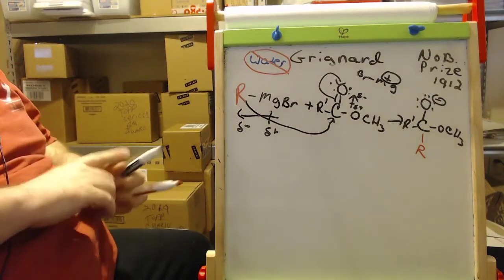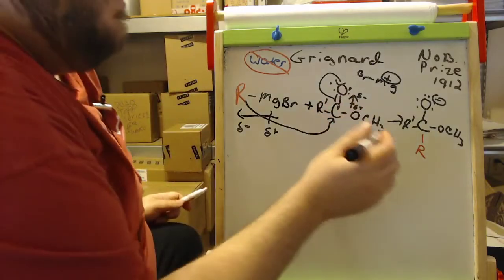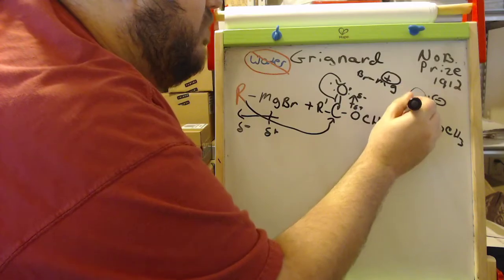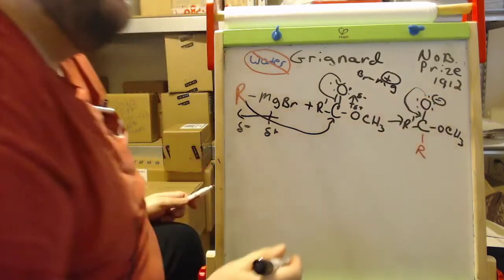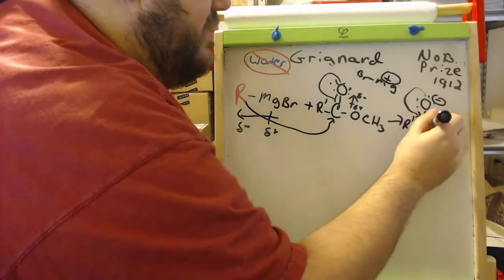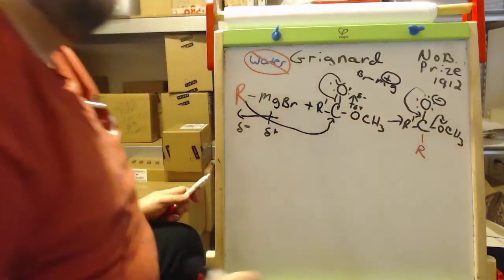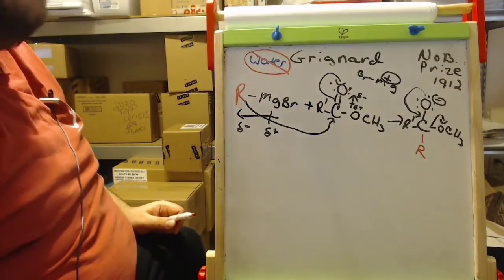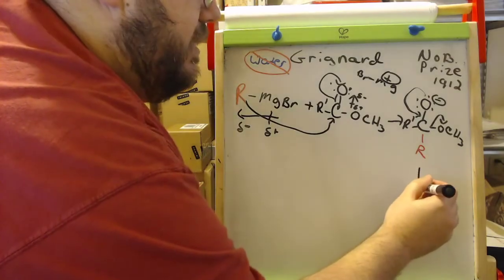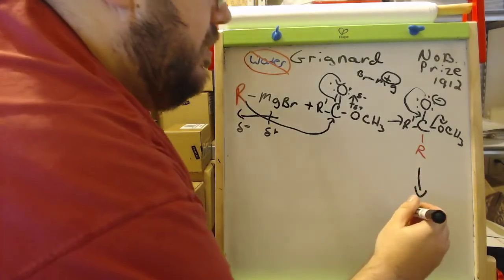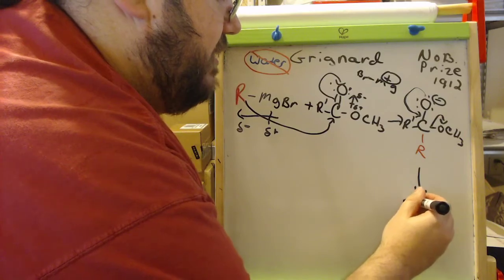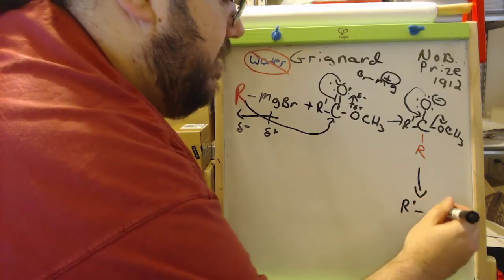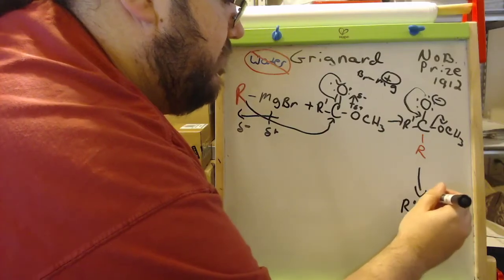With an ester, the intermediate that we have turns into a ketone. These electrons actually come back and kick this OCH3 off. It's pretty neat, and I'll show you why it's pretty neat. So I end up with something that looks like this: R prime bonded to a carbon, double bonded to the oxygen now.